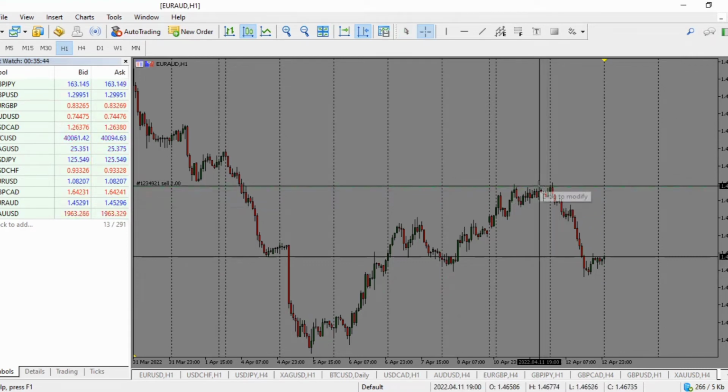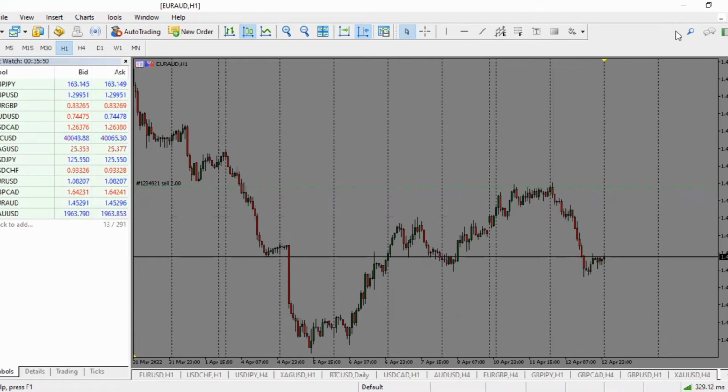We are currently over 165 pips, but we already made over 190 pips earlier. So currently we're trading at 165 pips, still good stuff.